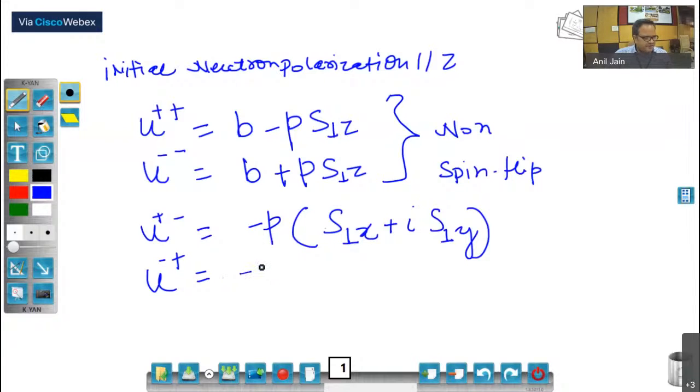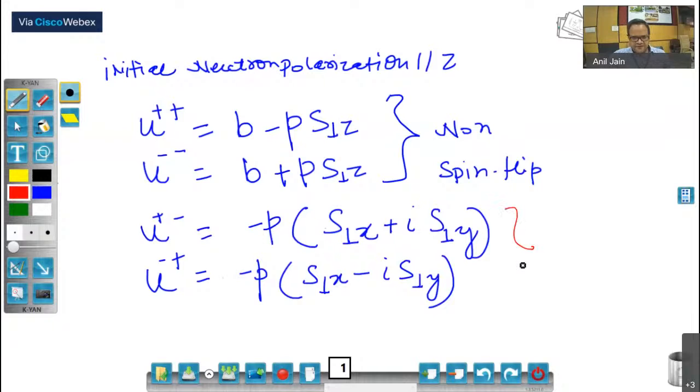This is also a spin flip process, and this just comes from putting in the Pauli spin operators and doing some mathematics. These two processes, where the spin of the initial neutron gets flipped, are called spin flip processes.